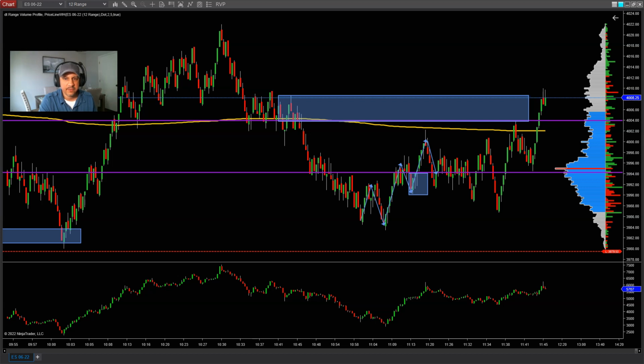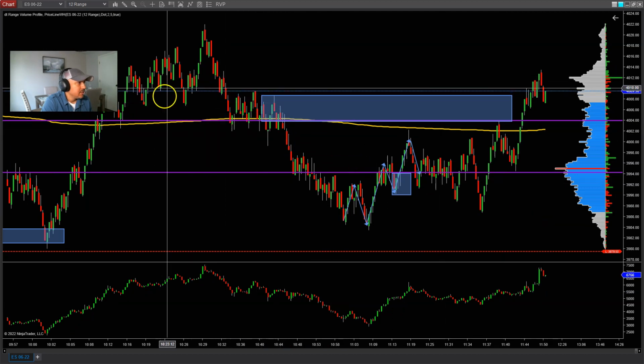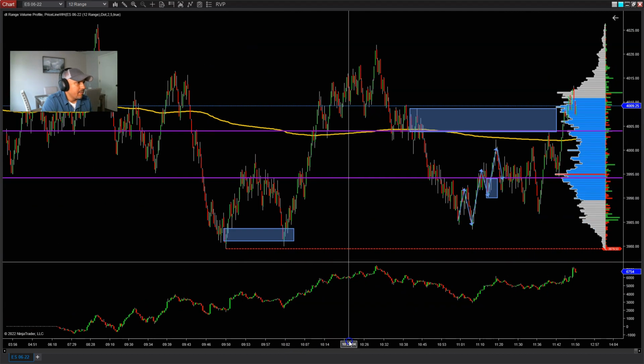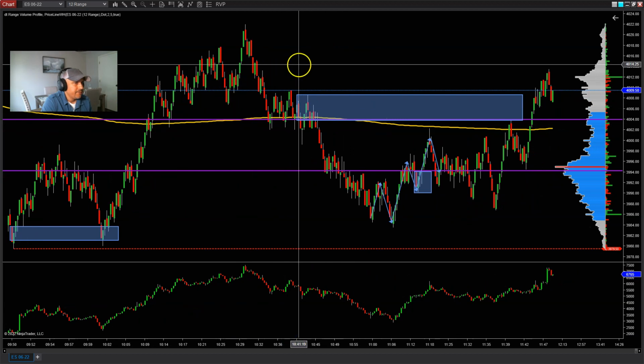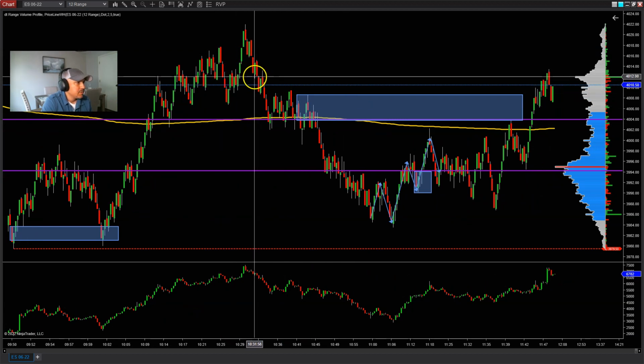All right, so price is bumping up. It came up, pushed up against this area of resistance up in here. So I'm trying to see.